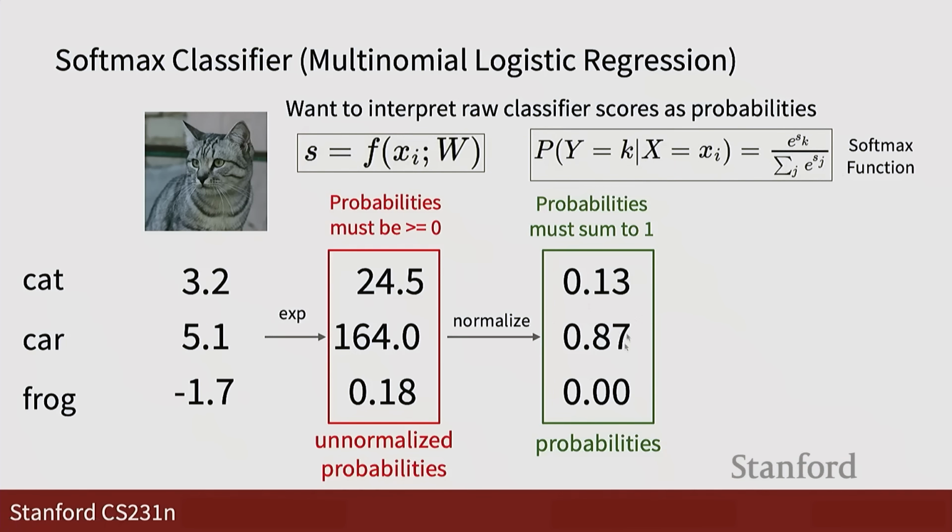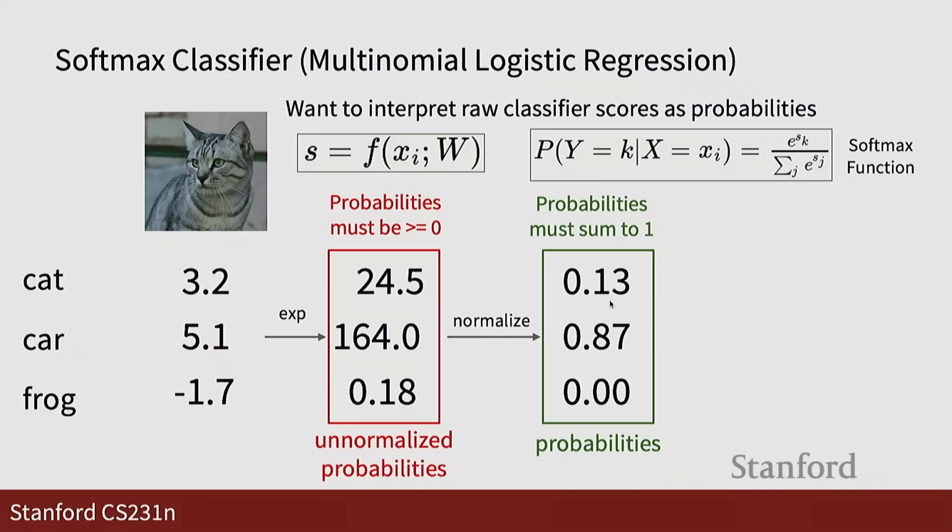This creates a very good set of values that define a probability function. So this is a distribution function, they sum to 1, and if I want to interpret these, it's very simple to say it's this set of W's, parameters, thinks that this image is a cat with a probability of 13% or 0.13, right?